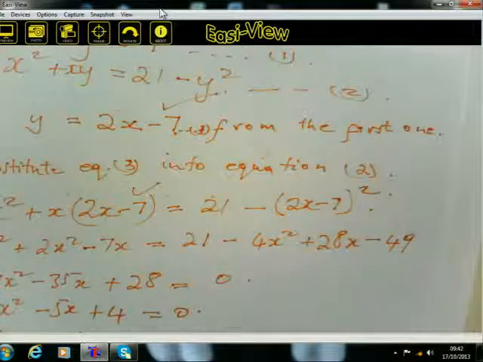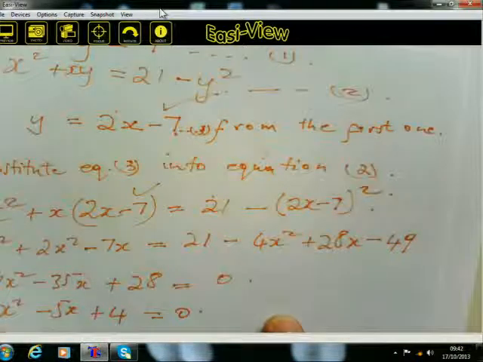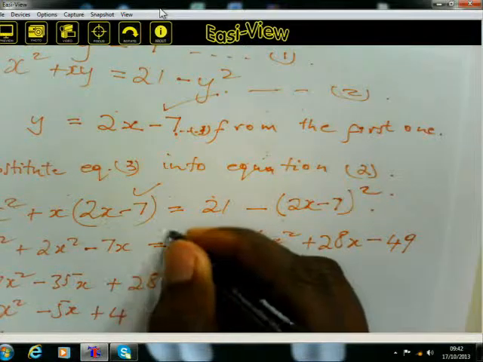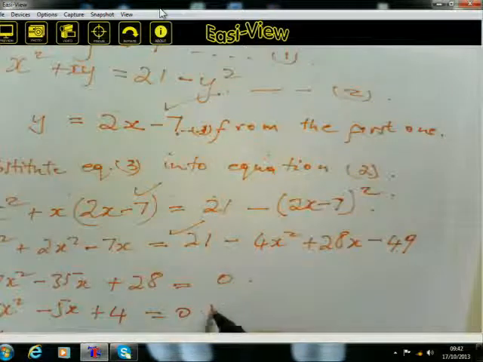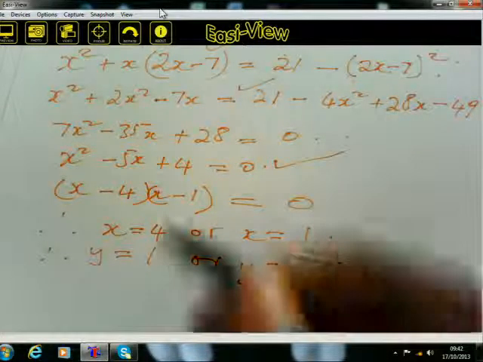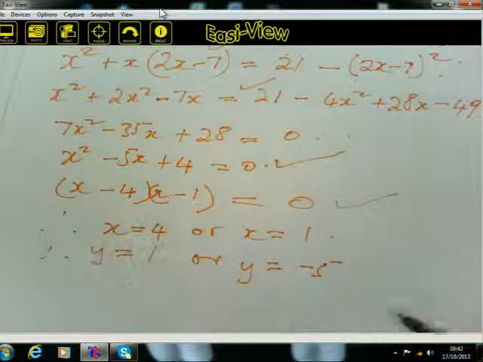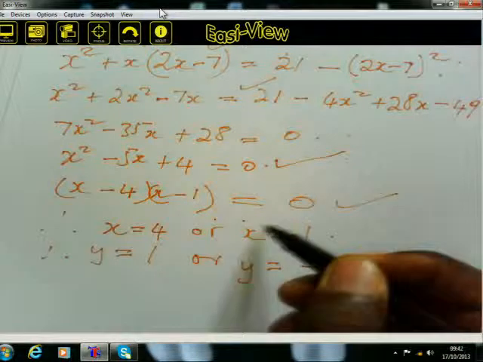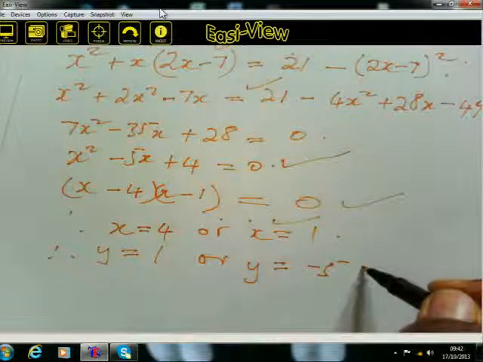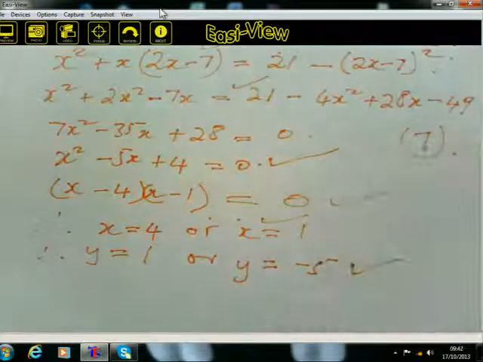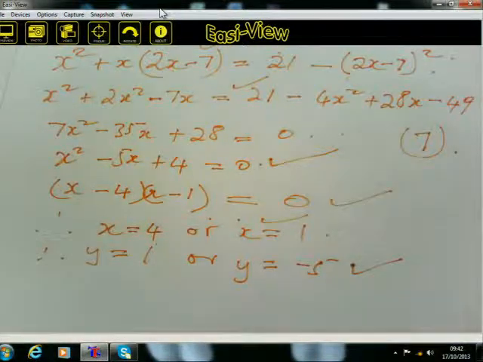And then for the correct multiplication, we are going to have a mark. And then for the standard form, a mark. And then after the standard form, we are going to have a mark for the factors. And then for the x answers, and for the y answers. Now, this is going to count 7 marks.